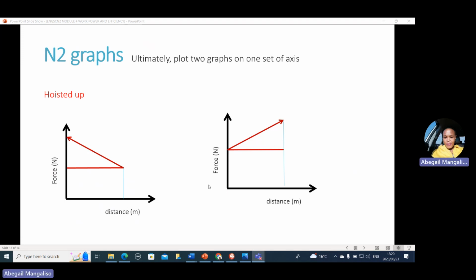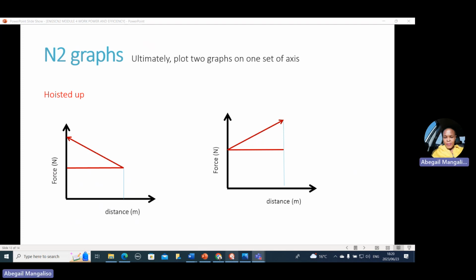Graph number 2 is lowered down. Even if you are lowering an object down, at any position, its weight will stay the same. But as you lower it down, the rope will be getting longer. So the graph will be like this.